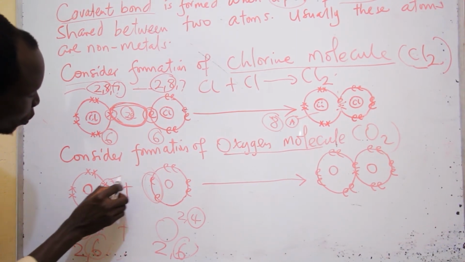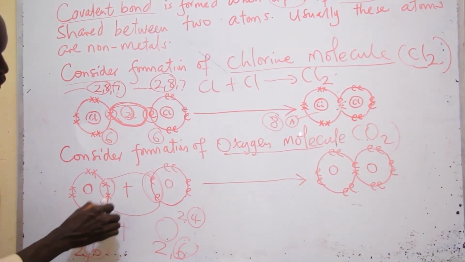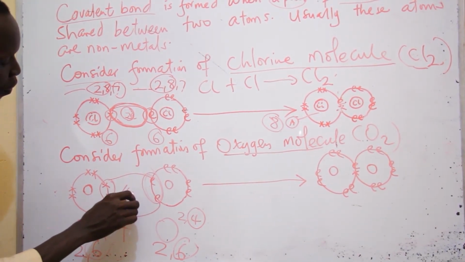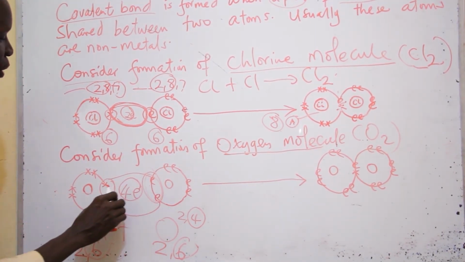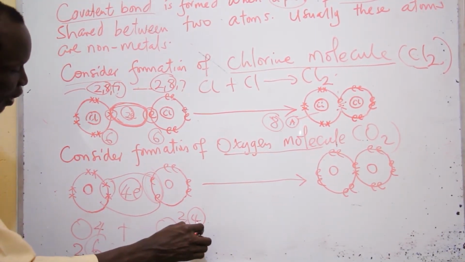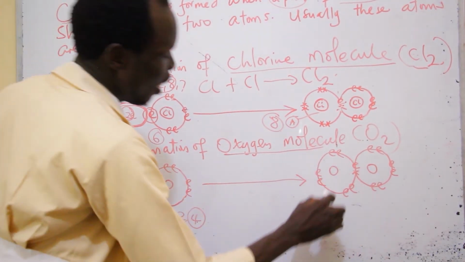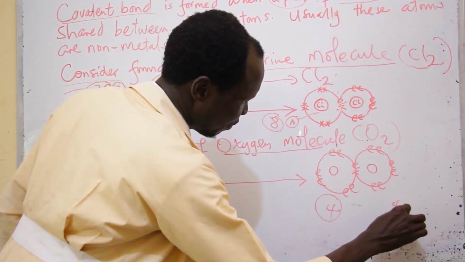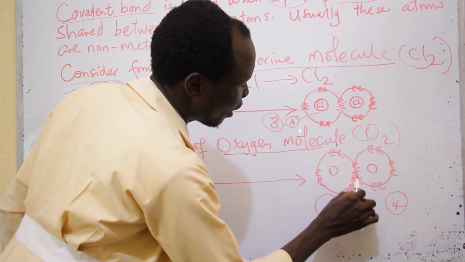Now the 2 contributed from this oxygen atom and the 2 contributed from the other oxygen atom make a total of 4 shared electrons between these 2 atoms. So we have 4 remaining in the outermost here and 4 remaining in the outermost here, but they are sharing 2 pairs of electrons.